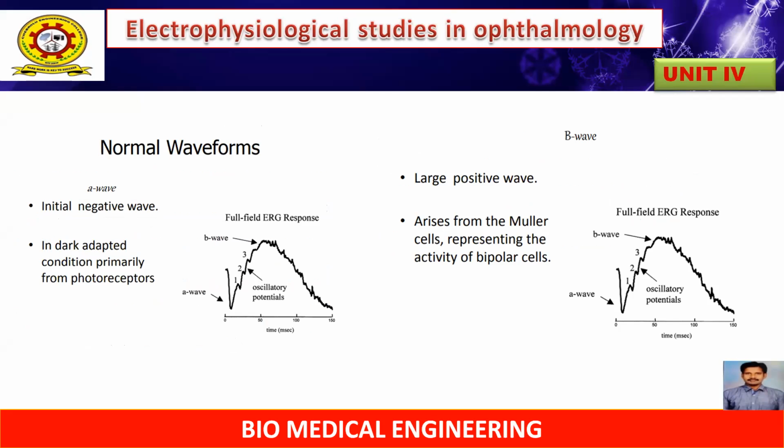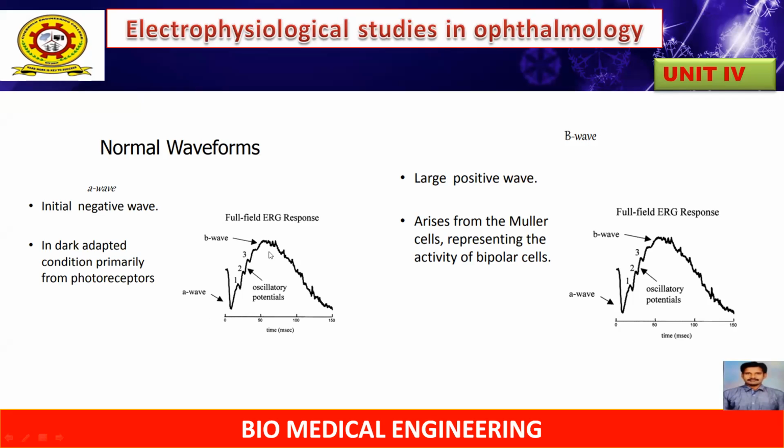So what are the characteristics of the A wave? Generally, it has a negative amplitude. So it is the A wave. These are the corresponding oscillating parts inside the ERG. And similarly, the B wave. What is the B wave? The B wave is a large positive wave.